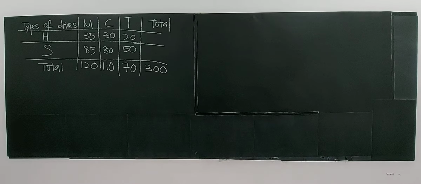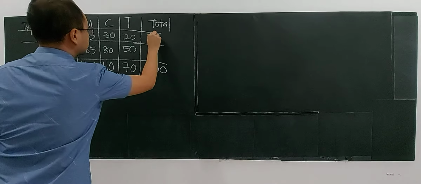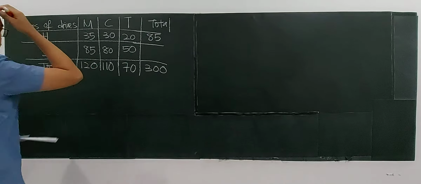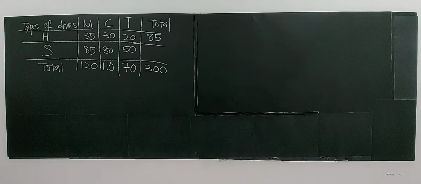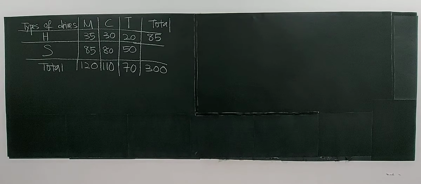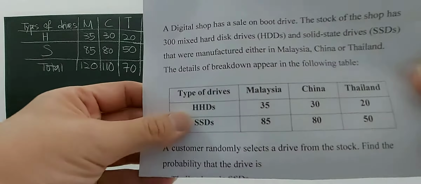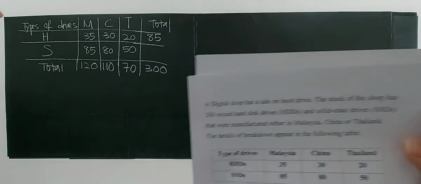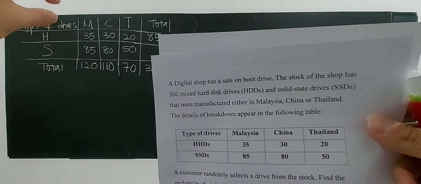So you have 85 HDD, hard disk drive. And later on for the SSD, I just write the short form for this, easy for me to calculate the probability later.